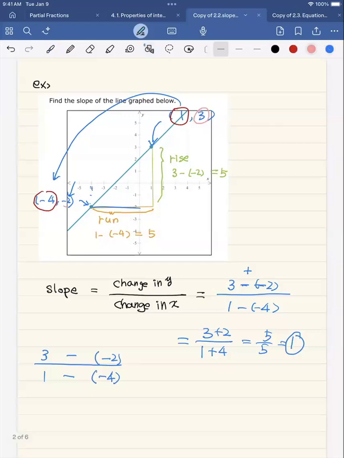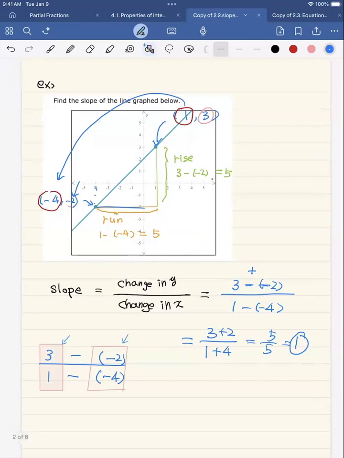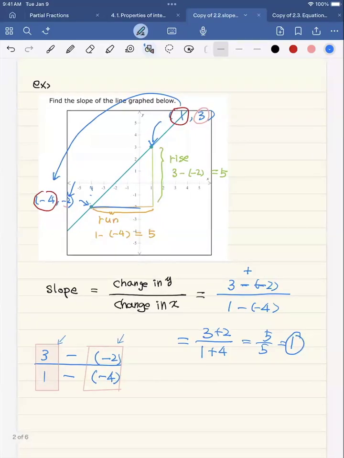So we organize that in a consistent way. So this is the coordinate, and this is another coordinate. That's the way we will organize the fraction.